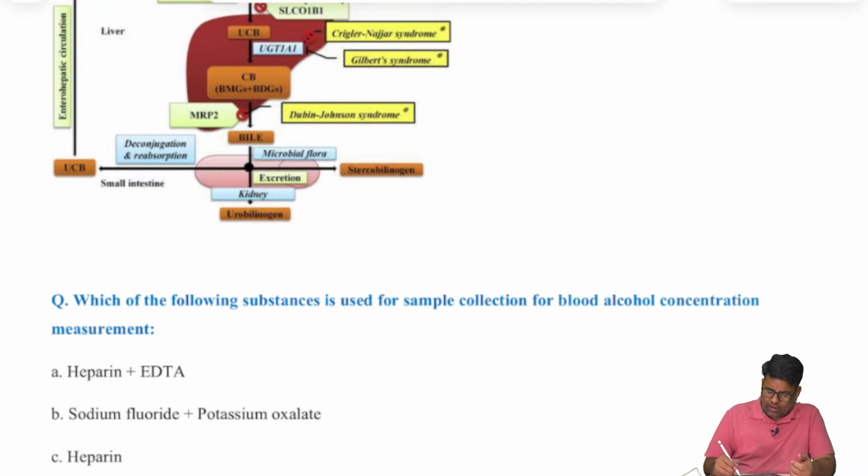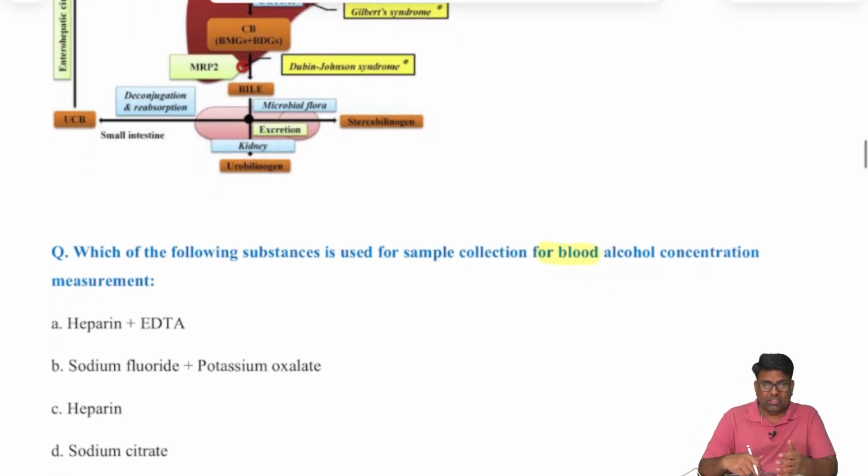Now, if a person is suspected of alcohol poisoning or excess intake of alcohol, and we need to take a blood sample to check the amount of alcohol in the blood, or blood alcohol concentration, what preservatives have to be used while collecting the samples? It is simple: sodium fluoride and potassium oxalate, right?